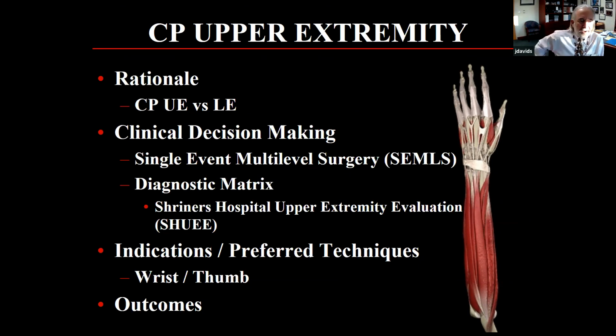Then we'll discuss clinical decision-making for single-event multi-level surgery of the upper extremity, utilizing a diagnostic matrix that includes the Shriners Hospital Upper Extremity Evaluation, or SHU. I'll then share with you indications and preferred techniques for some of the common operations that we do at the wrist and the thumb, and then finally share with you some outcome studies that we've done using the SHU, looking at outcomes following upper extremity surgery in children with cerebral palsy.